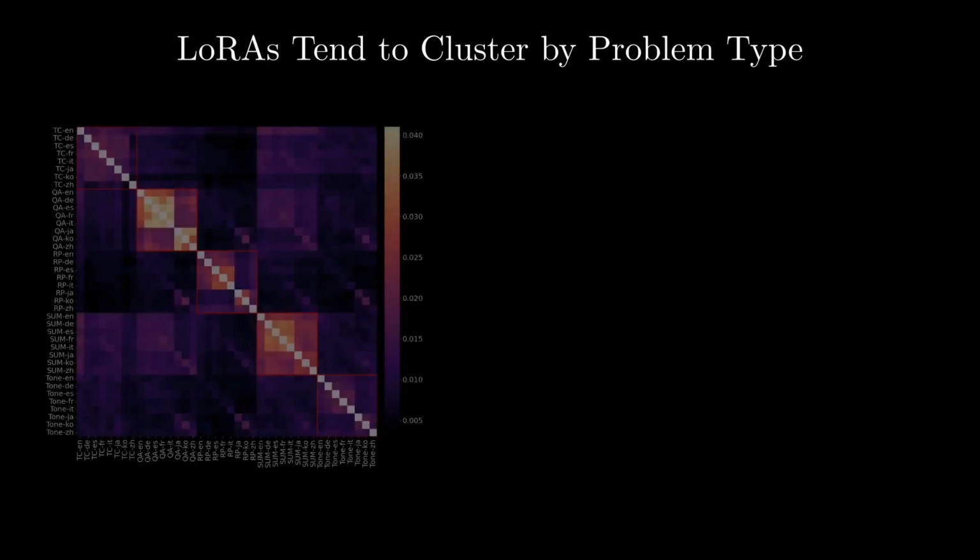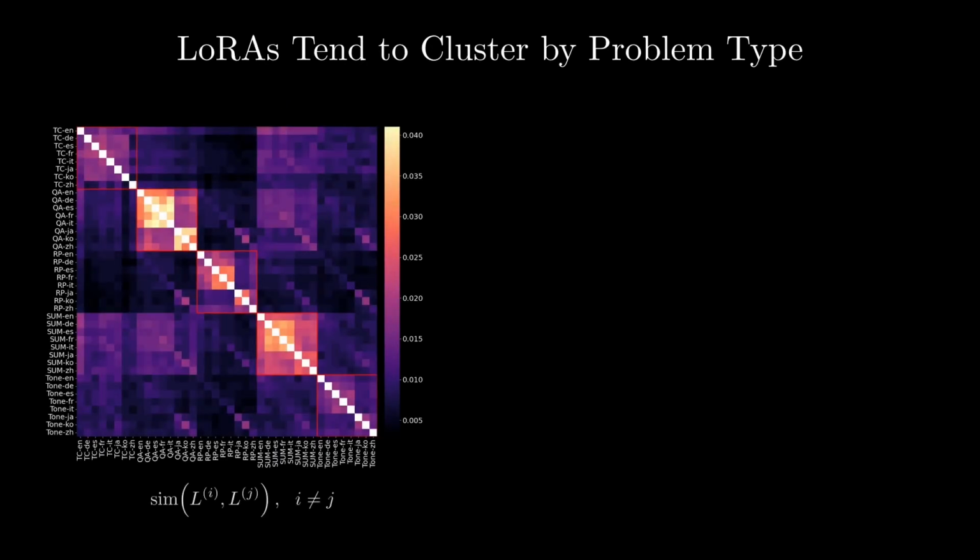To understand why this works, we analyze the cosine similarity of the trained LoRAs. We take all of them at once and compute the pairwise similarity between every pair. The matrix is organized by task. The first 8 rows and columns are the same problem type across the 8 languages. The next 8 are the second problem type, and so on.